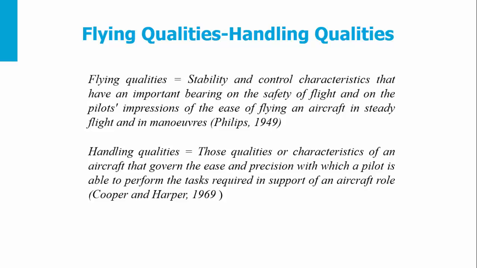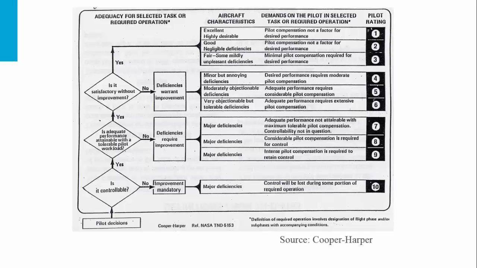Aircraft handling qualities are a subset of flying qualities which directly relate to pilot opinions. For handling qualities, Cooper and Harper defined a handling qualities rating scale, using this format, that is given to the pilots.